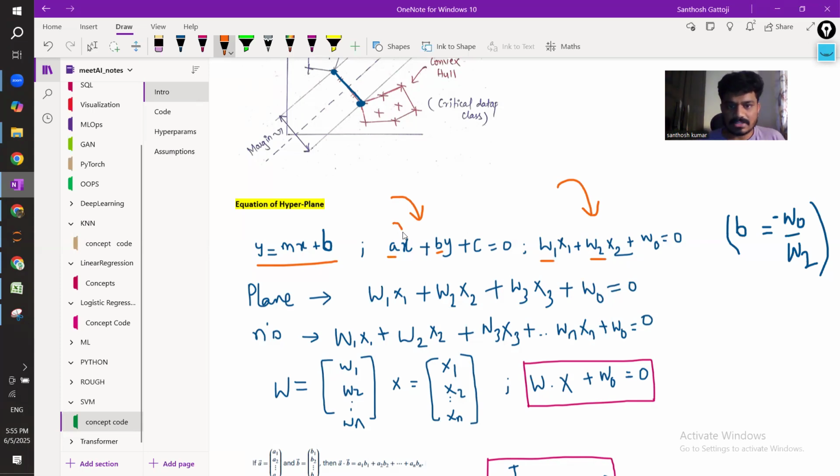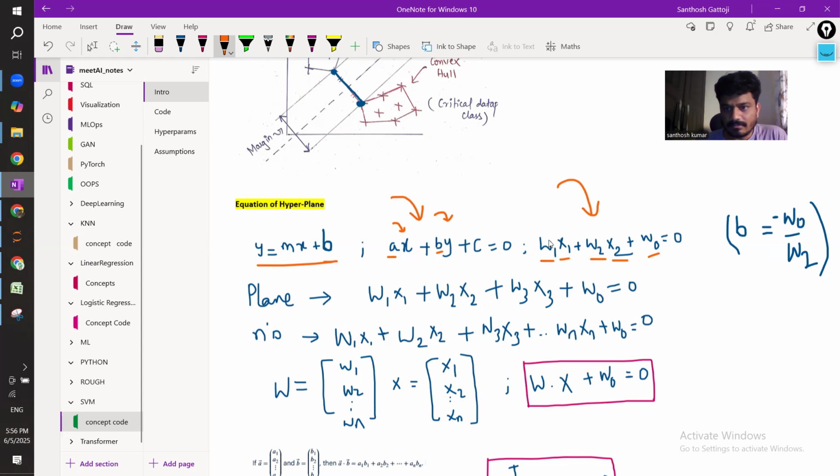Similarly, you will generalize x1, x2, x3, x4, x5 like that. Wi xi is the same thing we studied in logistic regression, and w0.